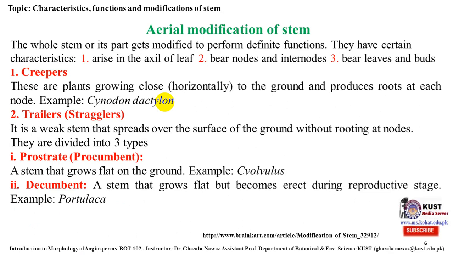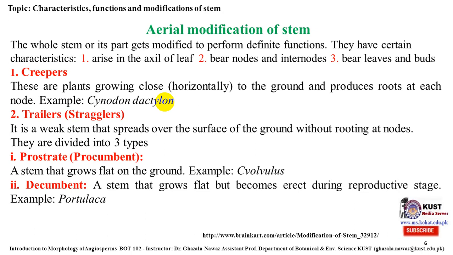The prostrate or procumbent type is a stem that grows flat on the ground. The example is Convolvulus. Decumbent is a stem that grows flat but becomes erect during the reproductive stage, and that is Portulaca, commonly called Varhale.